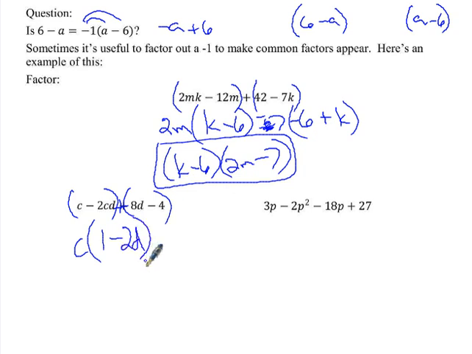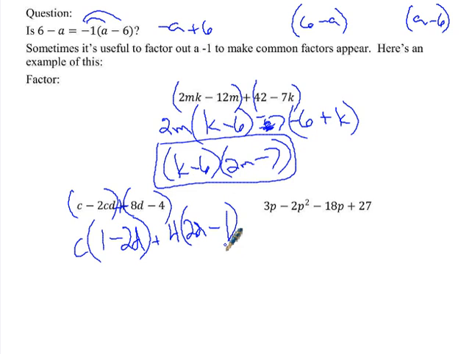Okay, and then GCF is 4 times 2D minus 1. All right, does the stuff inside the parentheses match up exactly?